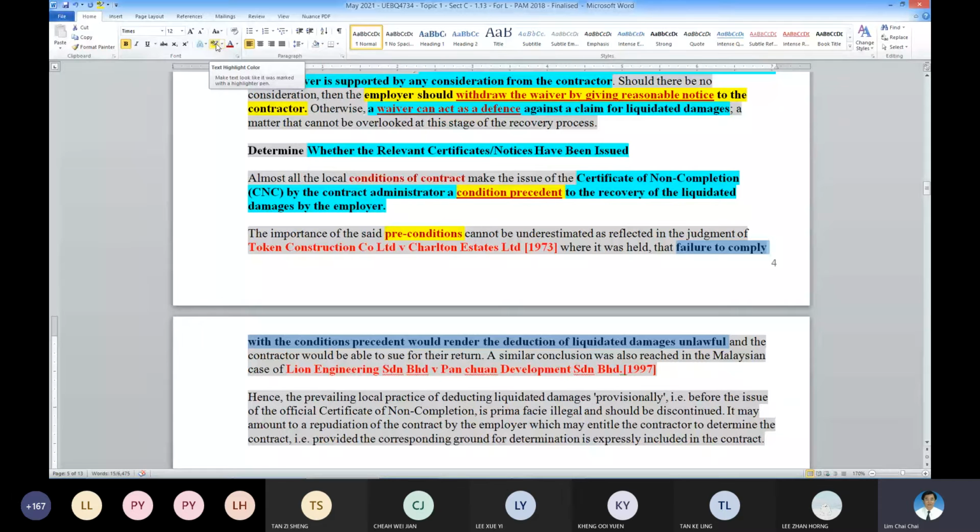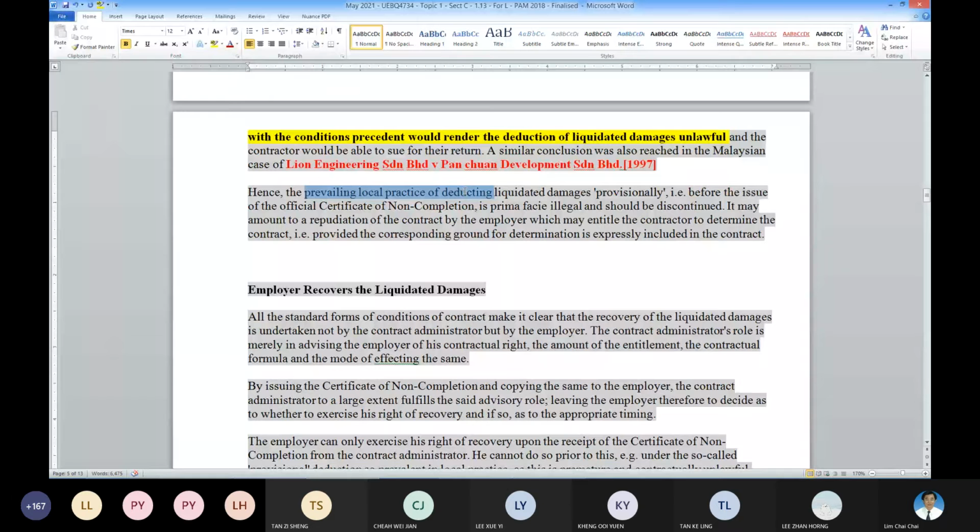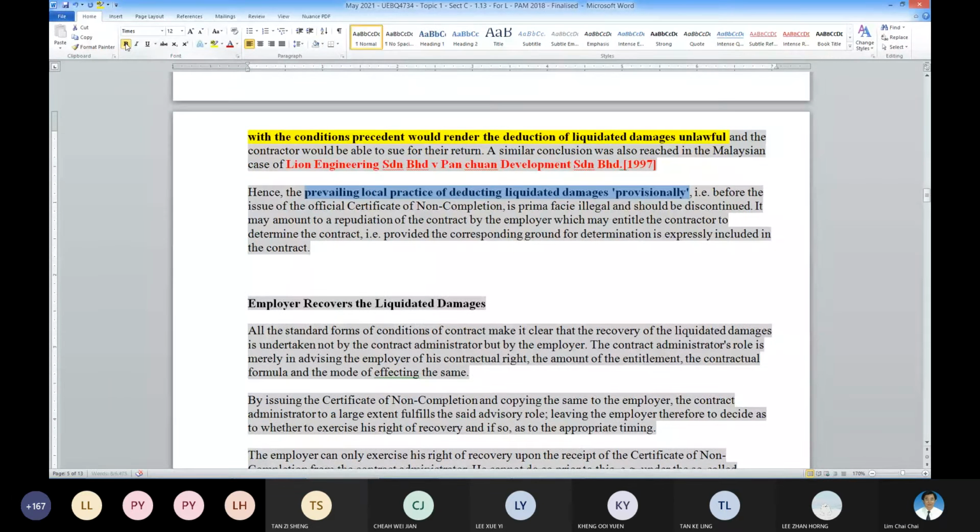If you want, there is a Malaysian case law to support this. So currently the prevailing local practice of deducting LD provisionally, that is before the issue of CNC, is actually illegal.